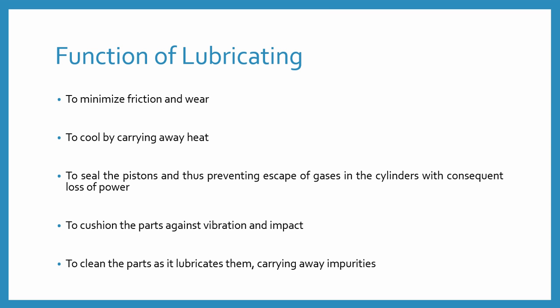When two parts come in contact with each other, due to the friction some wear is generated. To minimize this friction and wear, we use this lubrication system. Next one is to cool by carrying away the heat.